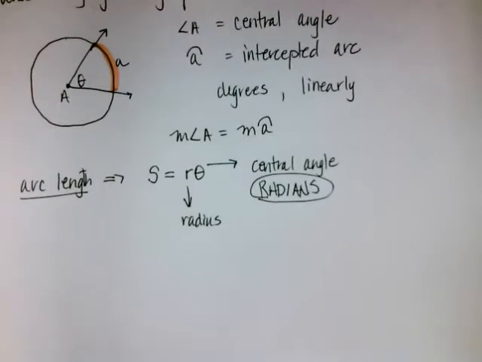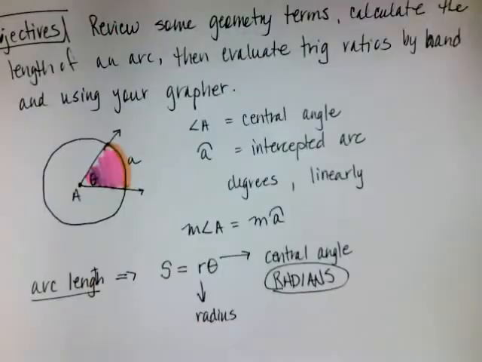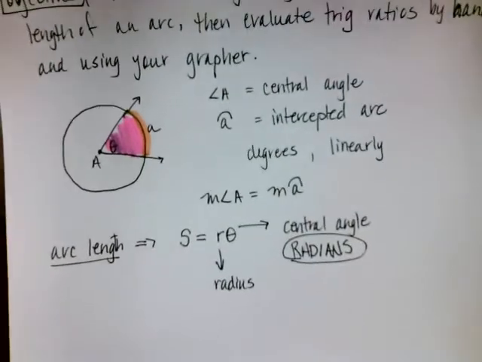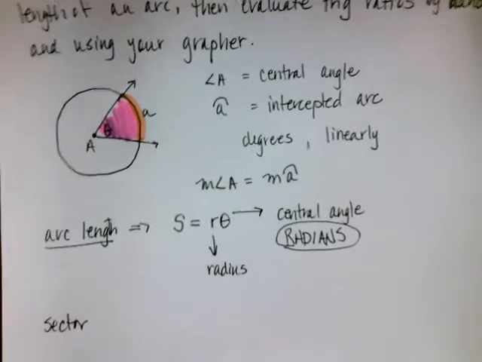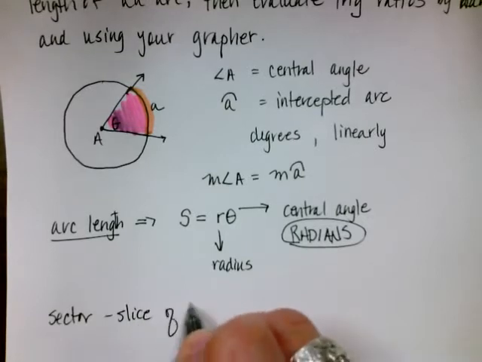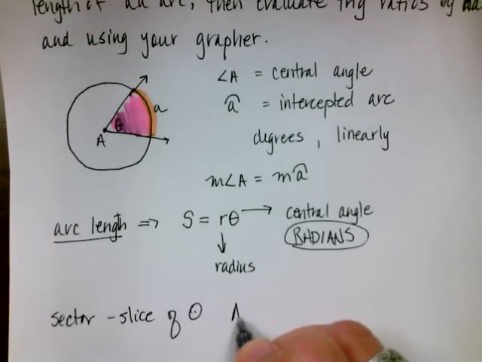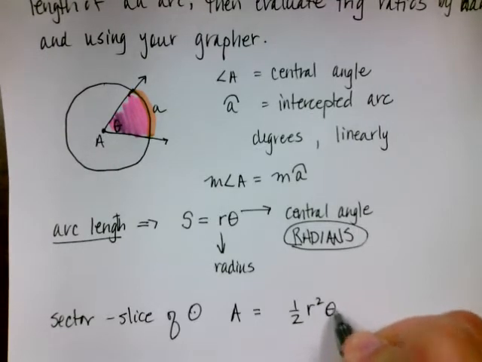And then, let me get out another color. Oh, what color shall we use? Let's say pink. The pizza pie, this little guy, I'm going to color. This little guy is called a sector. Okay? So the pink guy is called a sector, and it is a slice of the circle, and I can calculate the area of that as 1/2 r squared theta.